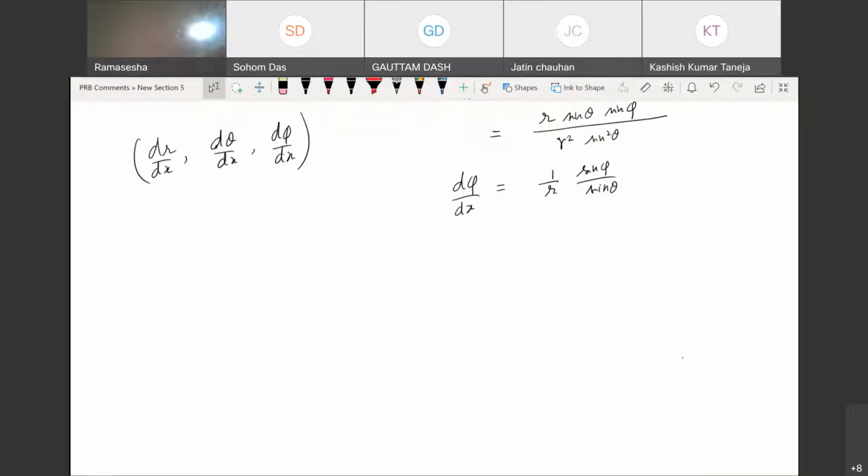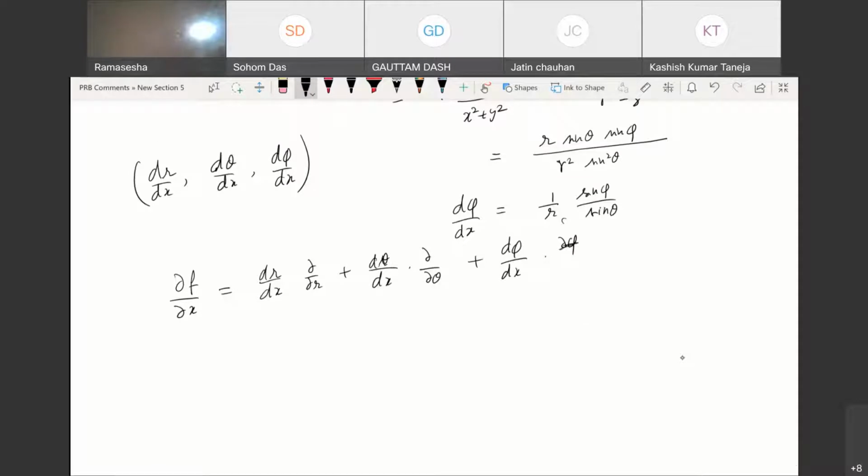So from this, del p by del x is equal to dr by dx into del by del r plus d theta by dx into del by del theta plus dp by dx into del by del p. So you can substitute from what I have done here and you get f by t.